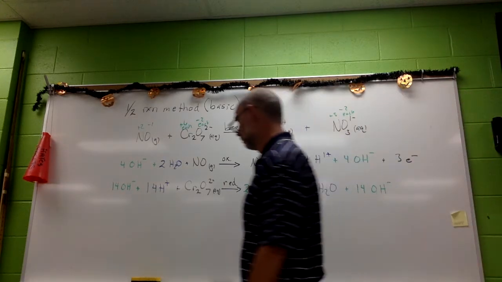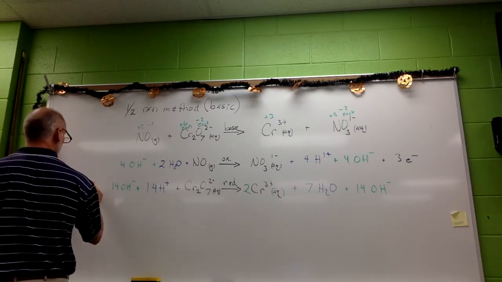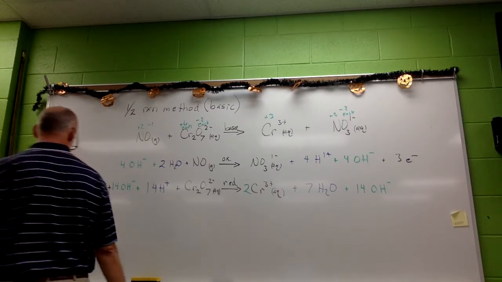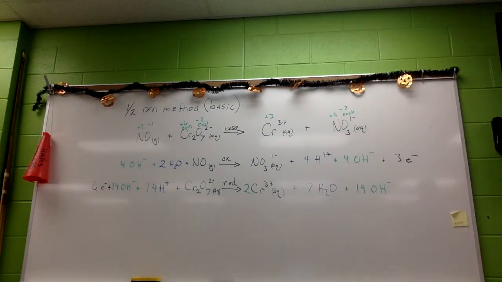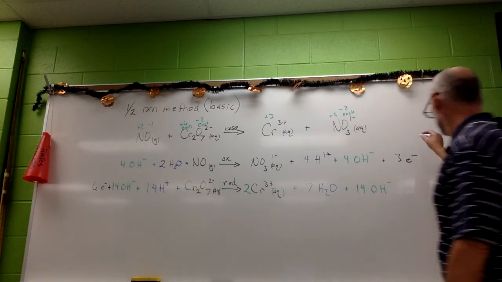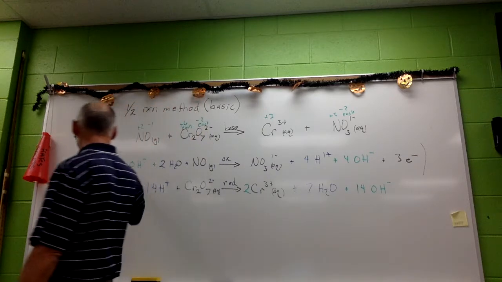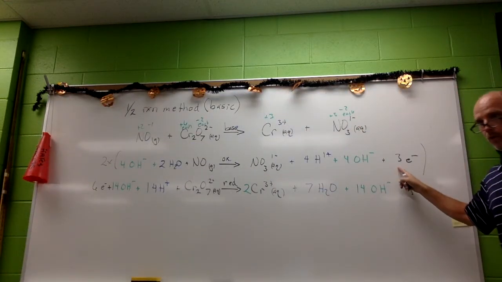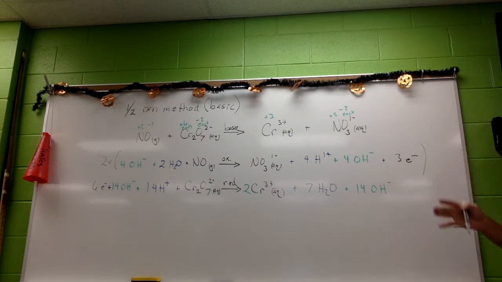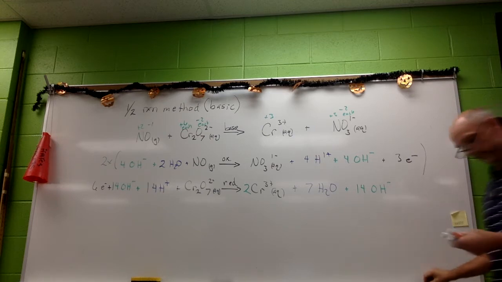Therefore, 6 electrons over here. So what am I going to have to do? Multiply the top one by 2 to get 6. Hold on. Everything else stays the same, but Judy already picked this out, and this is where it gets a little interesting.